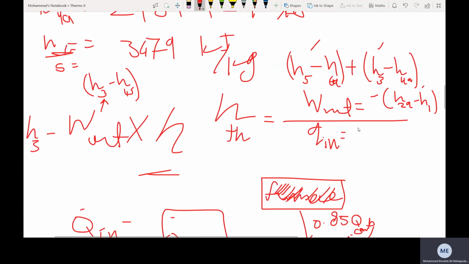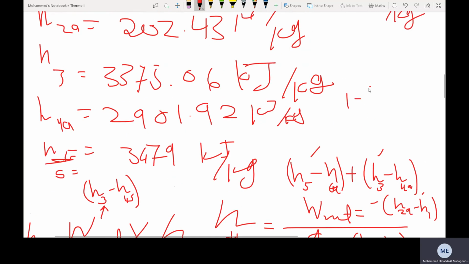And for the heat addition, I have 2 heat additions. So I have H3 minus H2 actual, plus H5 minus H4 actual. Sorry, plus, because there are 2 heat additions.